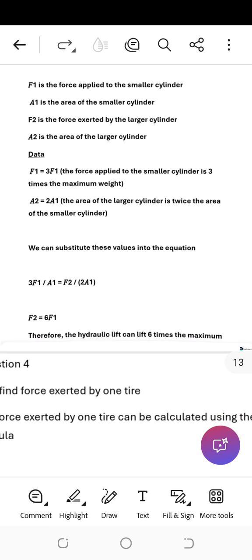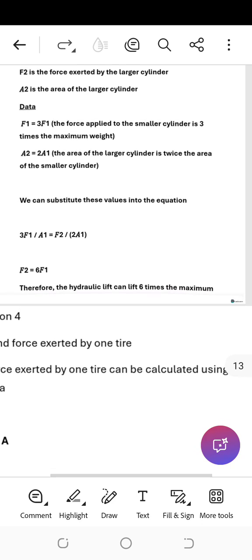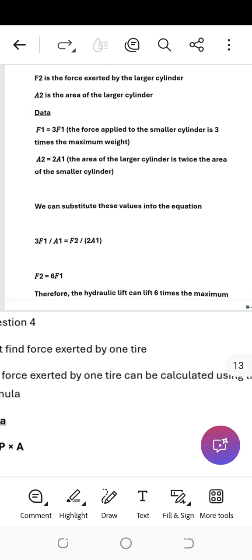F1, we were told, is equal to 3 times F1. So the force applied to the smaller cylinder is 3 times the given force. A2 will be equal to 2A1. The area of the larger cylinder is twice the area of the smaller cylinder. So we're going to get the same equation and just substitute. Where there is F1, we're going to say 3F1, because we are told it's 3 times.